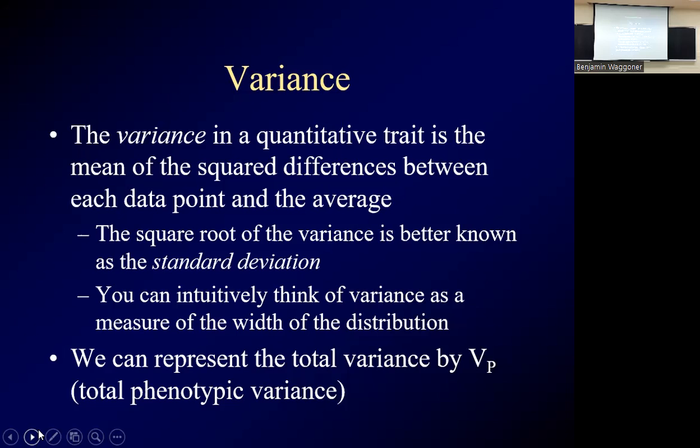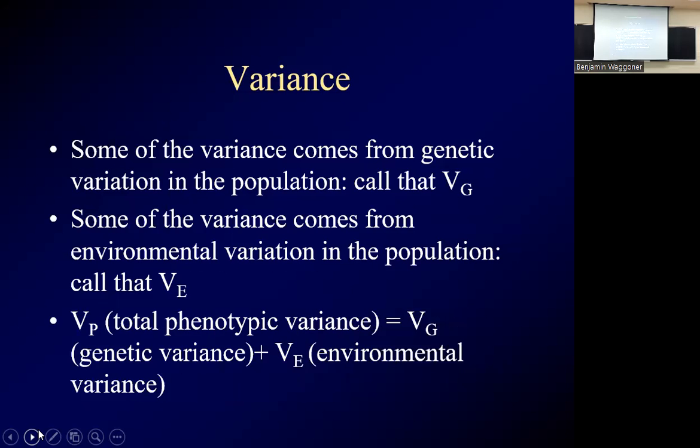And we can abbreviate the total variance by VP. Some of that variance comes from genetic variation in the population, and some of it comes from the effects of environment.